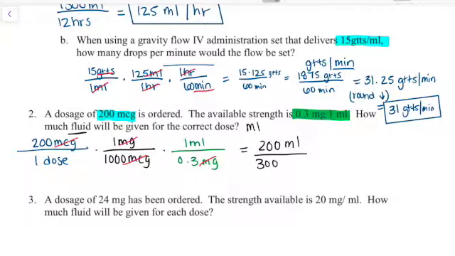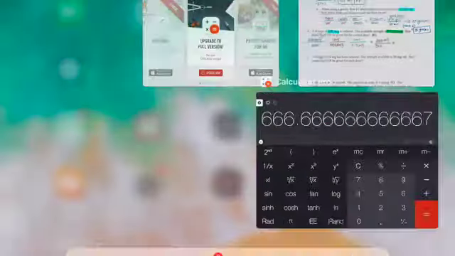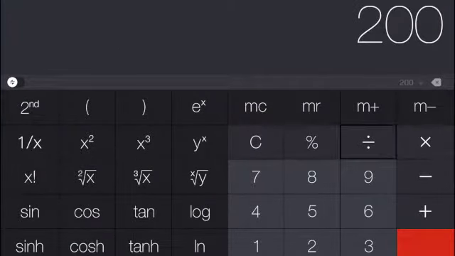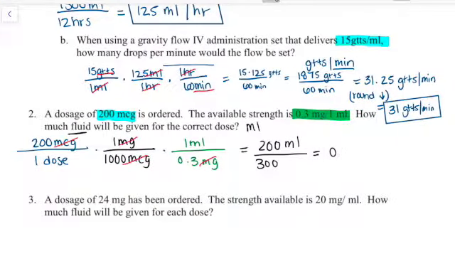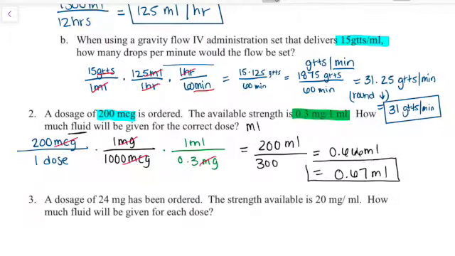And that was for dose. So divide that, 200 divided by 300, 0.66 mLs for the dose. Now we have to round that because it was 0.666 actually. So that equals 0.67 mLs for that dose.